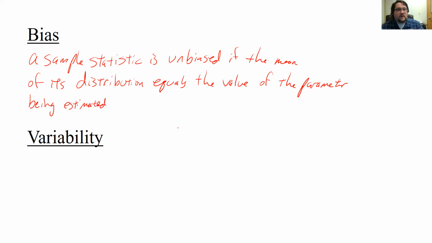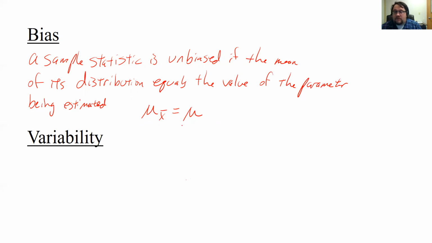Okay, estimated. All right. So what we're saying is that, let's say, sample mean. If the mean of the sample means is equal to the population parameter, the original population mean, then we would say that's unbiased. That's an unbiased situation.